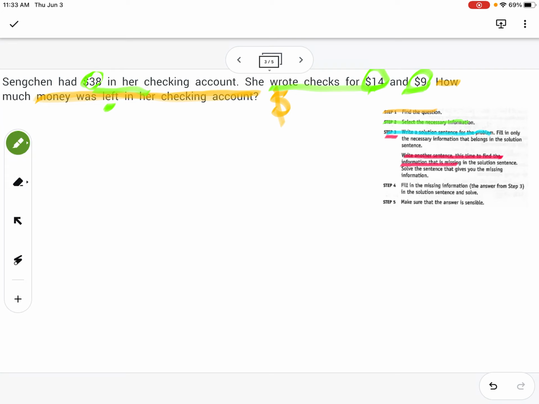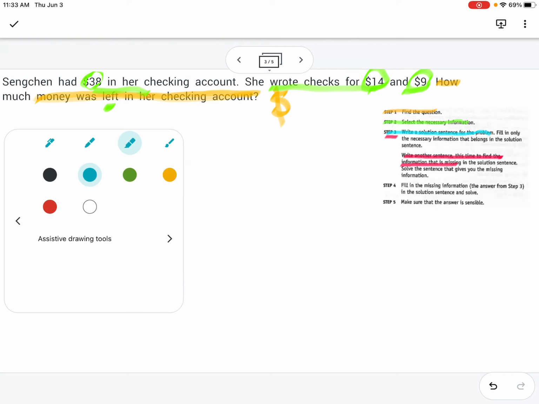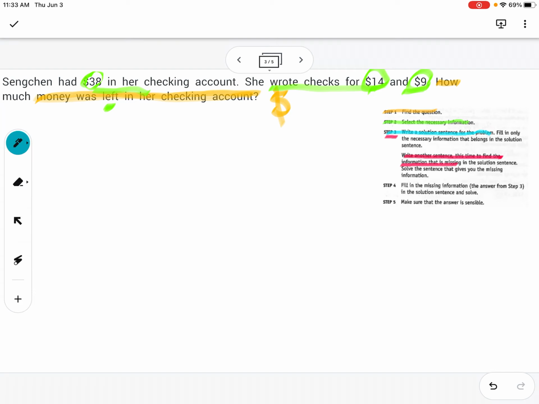And we are on to step 3 now. So step 3 says, write a solution sentence for the problem. So solution sentence. Remember that the solution is just another word for answer. So we could call this the answer sentence or the solution sentence.